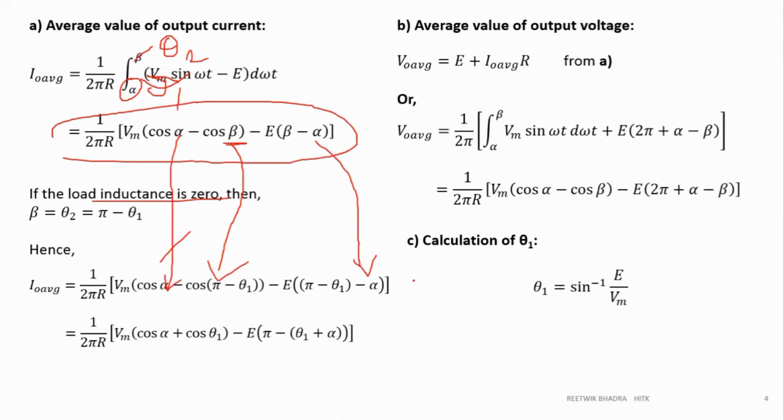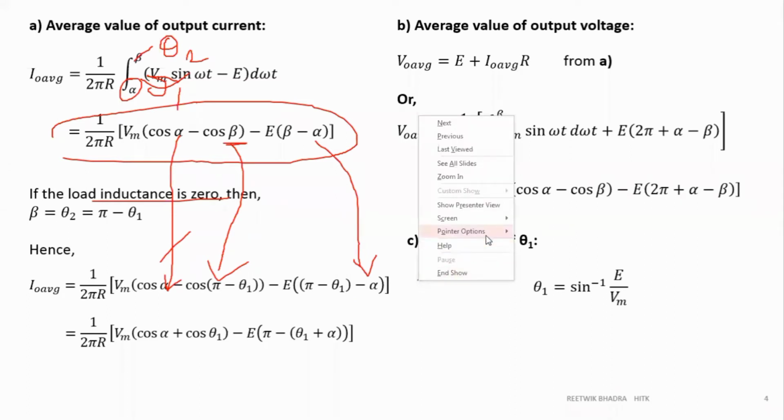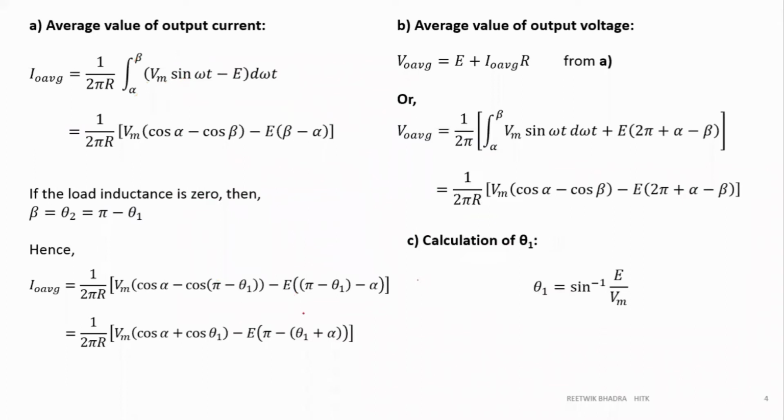If you refer to books, they have given problems with RE load and they have replaced alpha with theta 1 and beta will always be replaced with theta 2, that is pi minus theta 1. That is the important part.